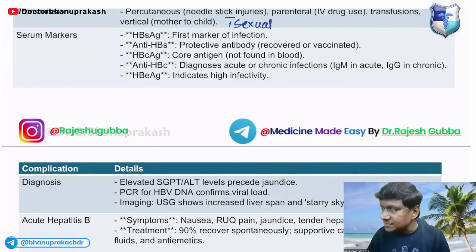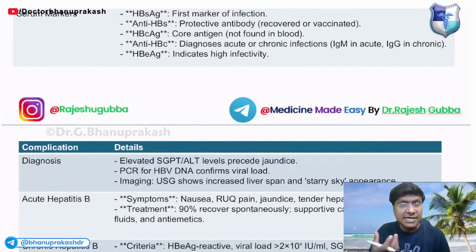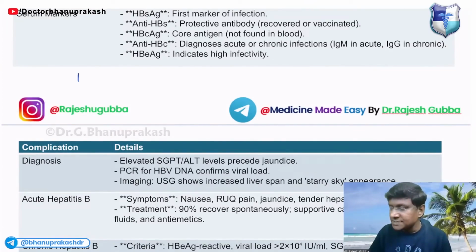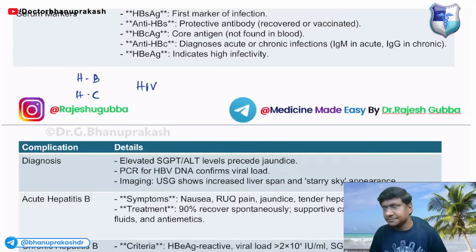There is one question asked, this was a PYQ: among the various viruses, which particular virus has the greater chances of spread via percutaneous injury or needle prick? The options are hepatitis B, hepatitis C, then HIV. Among these three viruses, which is spread maximally by the needle prick?